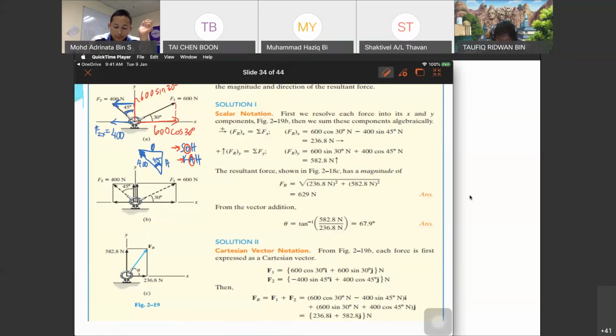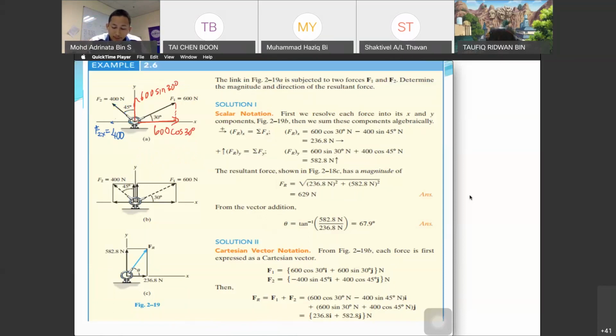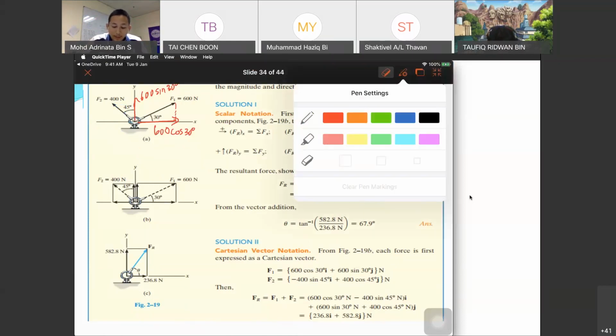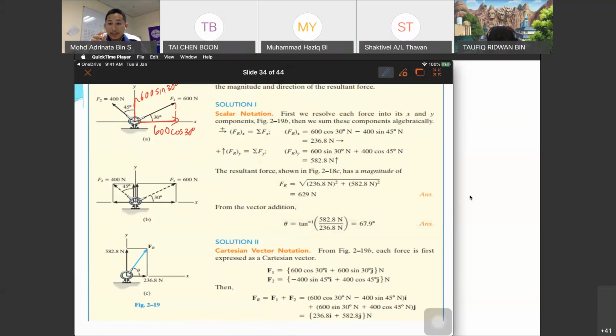Okay, so in that kind of question, if you can see that our theta, okay, see at our theta, this is our theta and this is our force.